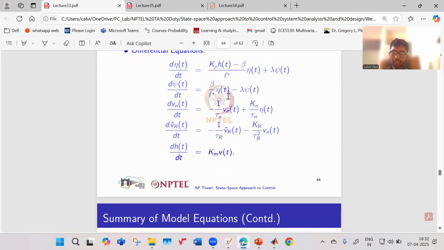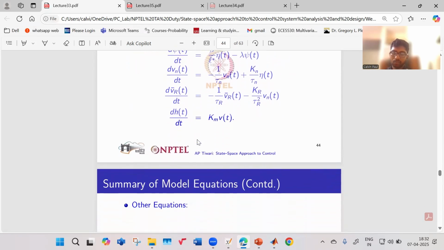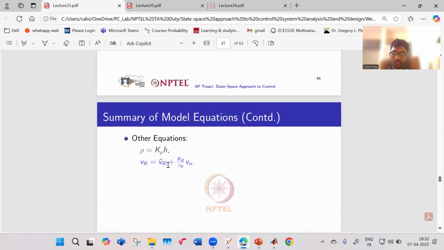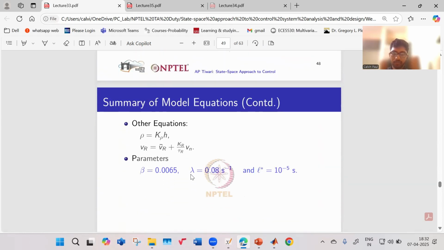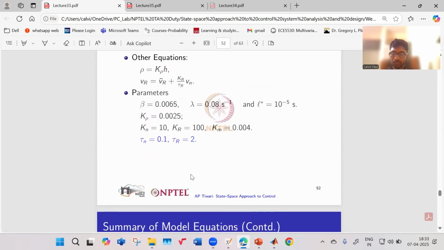This is given by this equation. dVn of t is the measured neutron flux density, and this is the derivative of the neutron flux density, proportional to the rate of change of the position of the rods. Rho equal to k rho into h, and VR bar is equal to VR plus kR upon tau R into Vn. These are the parameters which are considered.